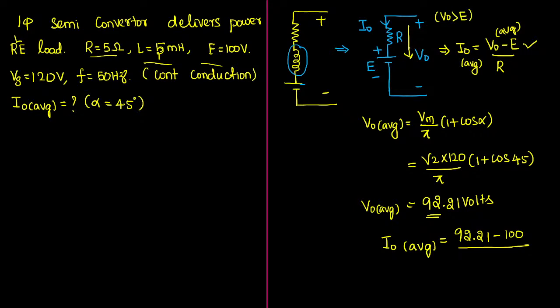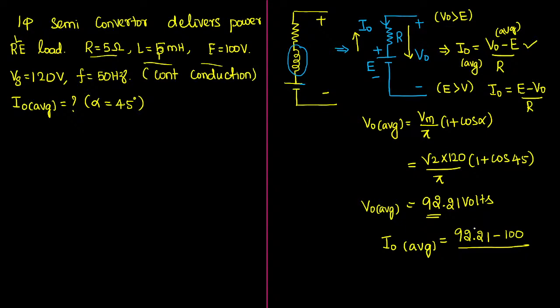Now you should think, okay sir, suppose the case is reversed: if E is greater than V, then what will happen? Just reverse the direction of current. Then write down like this: the value of output current I naught can be written as E minus V naught by R. That's all. This is a twist in the question, right?